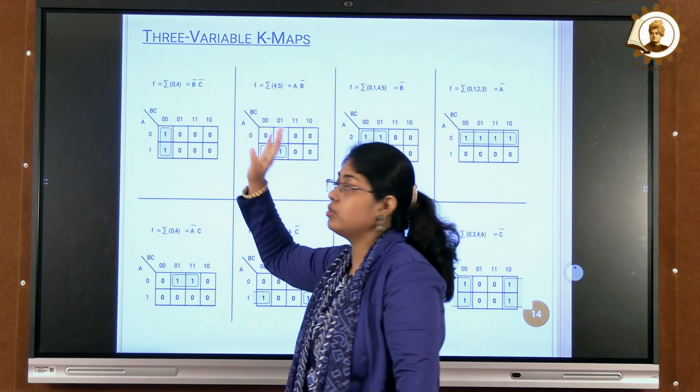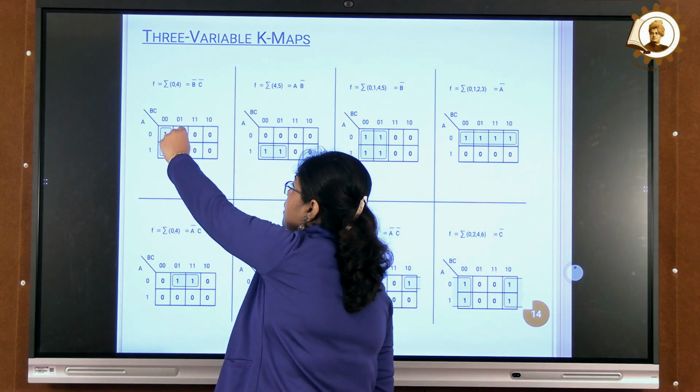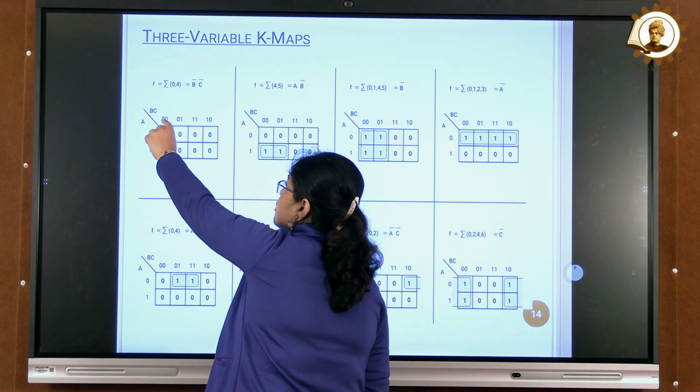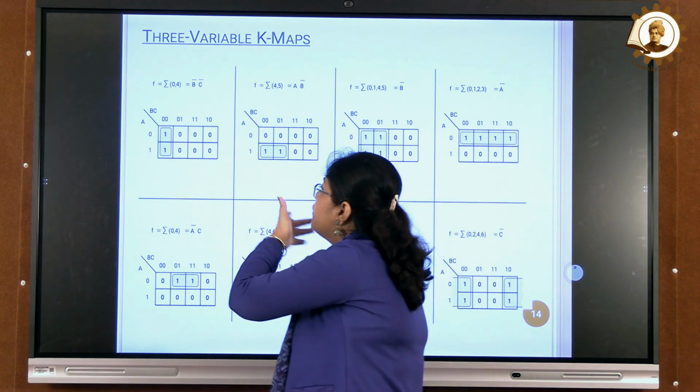From 1 it is changing to 0. Clear? So a 2-bit simultaneous change is not allowed. That is why we are writing 00, 01, 11, 10. We will follow it further.